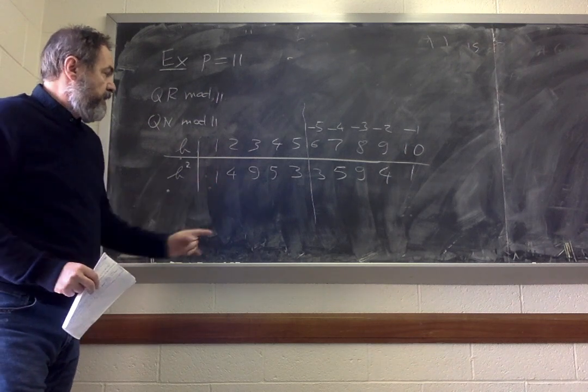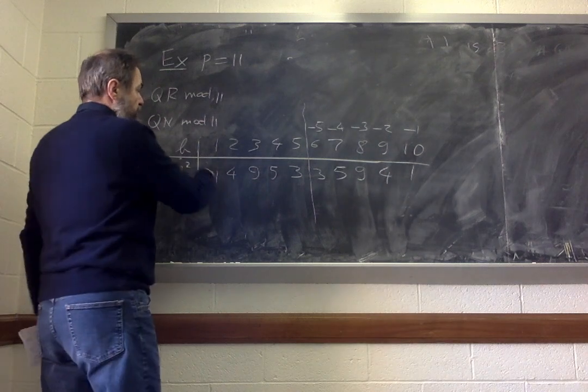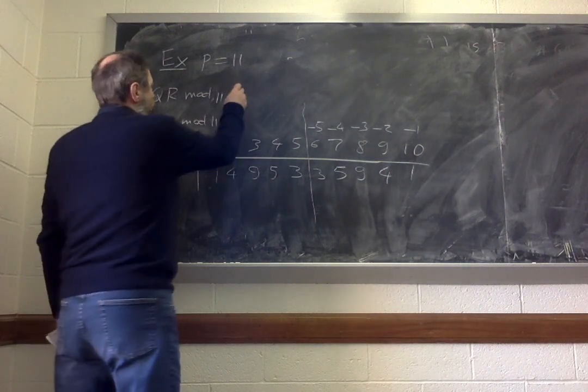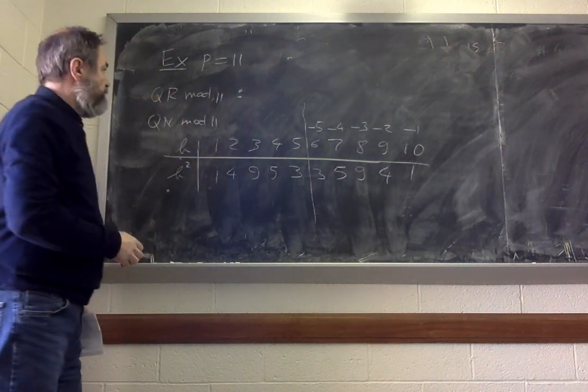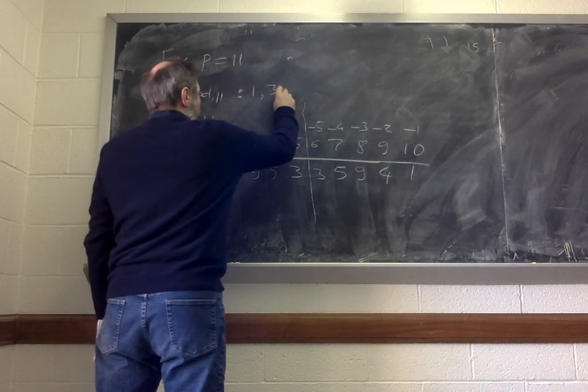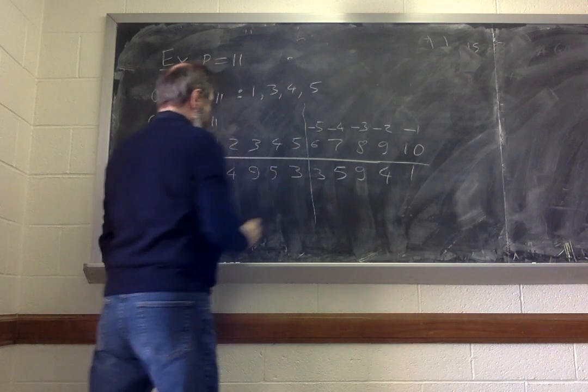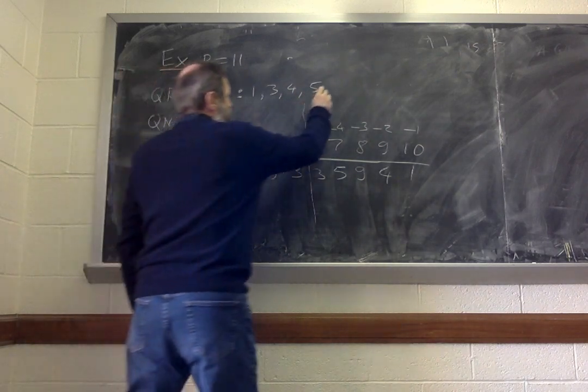So these numbers are the only quadratic residues mod 11. Let's put them in order. Make a list of quadratic residues mod 11: 1, 3, 4, 5, and 9.